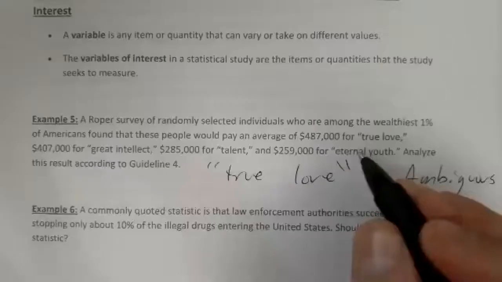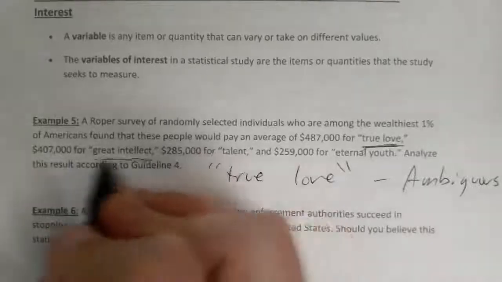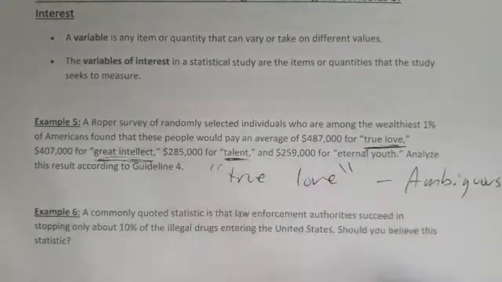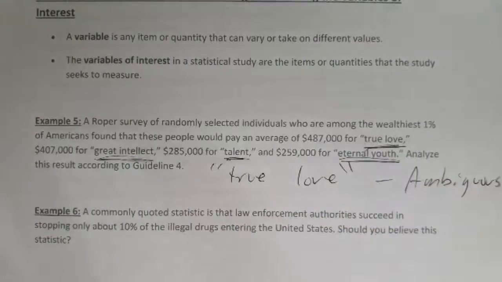When we talk about true love, these are not things that are well defined. What does great intellect mean? Some people are really proficient in certain areas and not so much in others, right? What does it mean to be talented? What does it mean for eternal youth? How are we going to define these things? These things are not well defined here. They're a bit ambiguous.